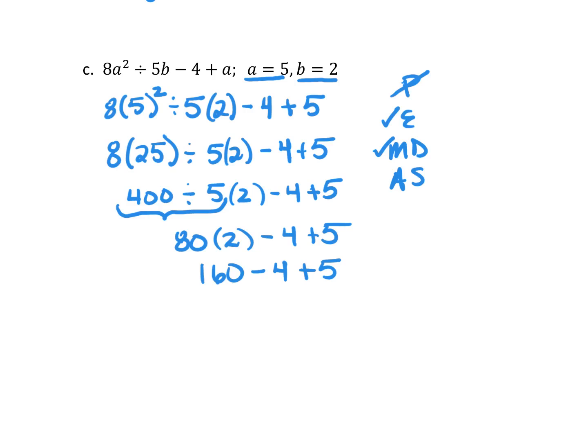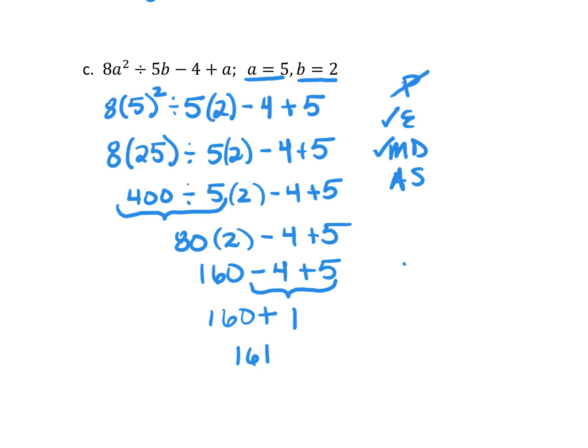And so here, just so you know, adding and subtracting, you can do this in any order technically, as long as you remember that that minus 4 is a negative 4. And so, for instance, you can go ahead and combine negative 4 plus 5 and get 1. And if we add that together, we get 161.